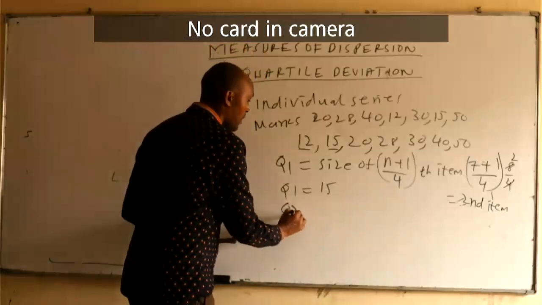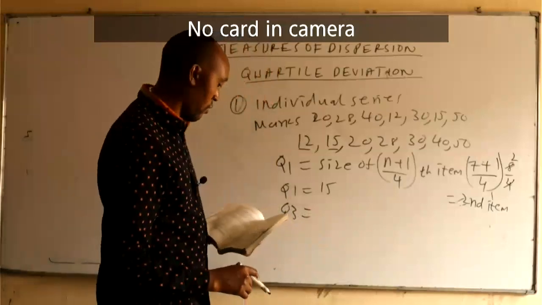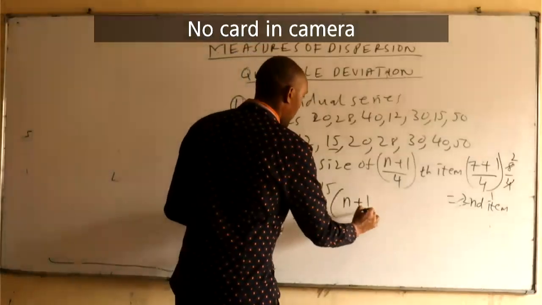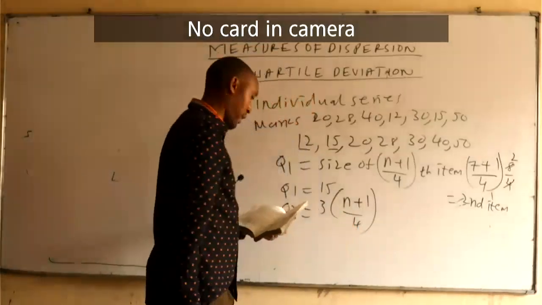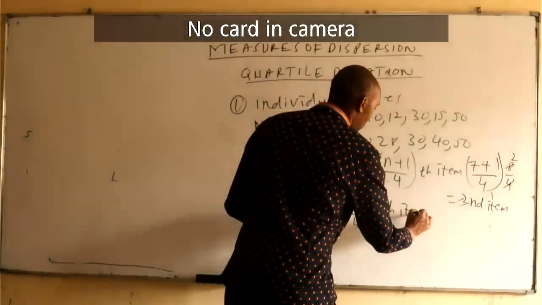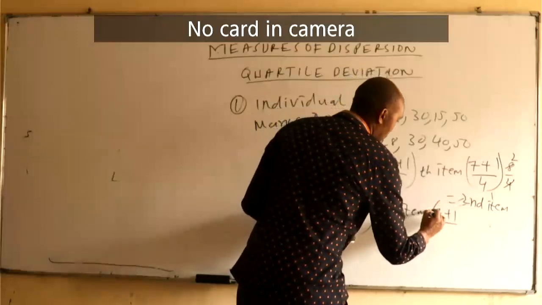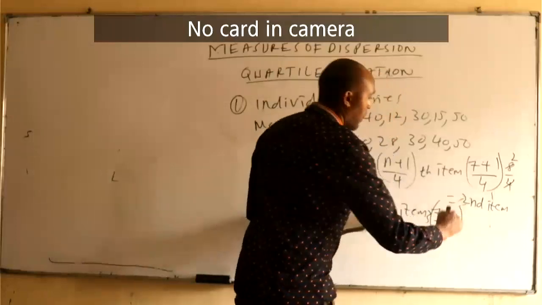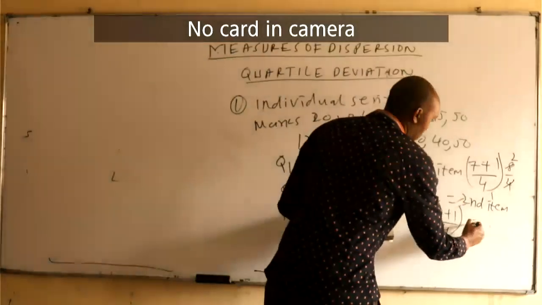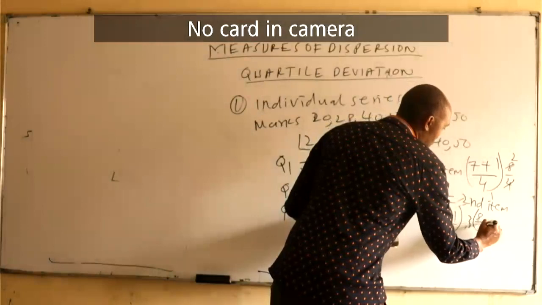Now how will we get the size of Q3? It's equal to 3 times (n plus 1) divided by 4. So our n here is 7, so it will be 7 plus 1, that's 8, then 3 into 8 over 4.